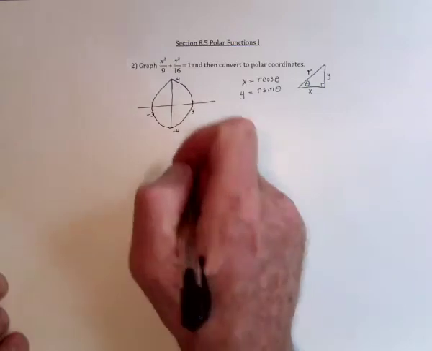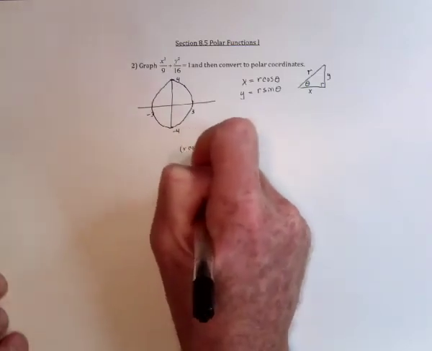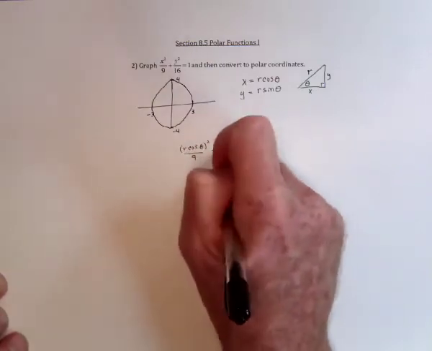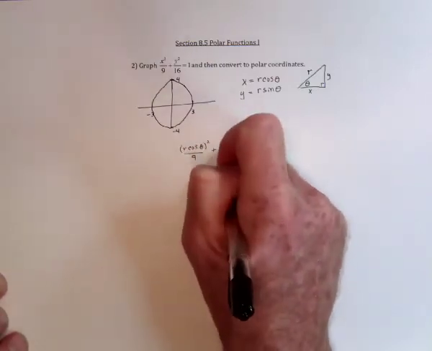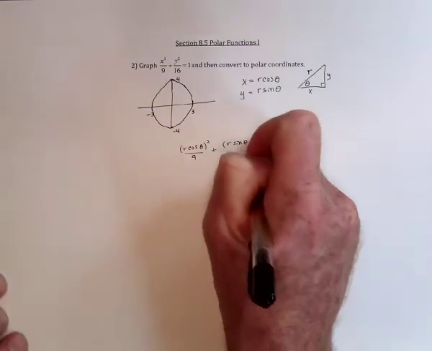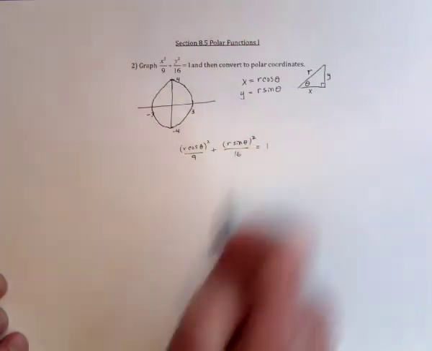So substitute those in and we'd have x squared, which is going to be r cosine of theta squared divided by 9, plus y squared becomes r sine of theta squared, and that one's divided by 16, and then equals 1.